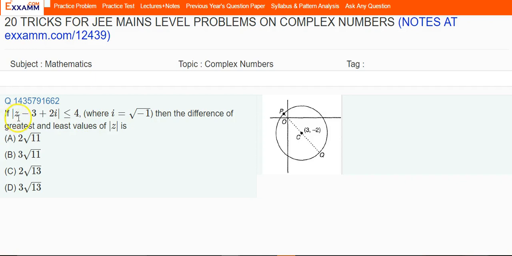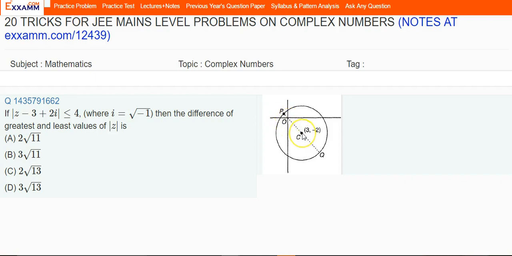This figure represents the circle of center 3, minus 2 and radius 4. So 3, minus 2 would be somewhere here. Now what would be this distance? It is 9 plus 4, 13. So root of 13, it would be less than 4.